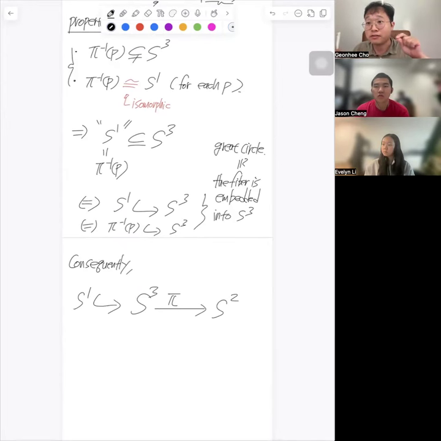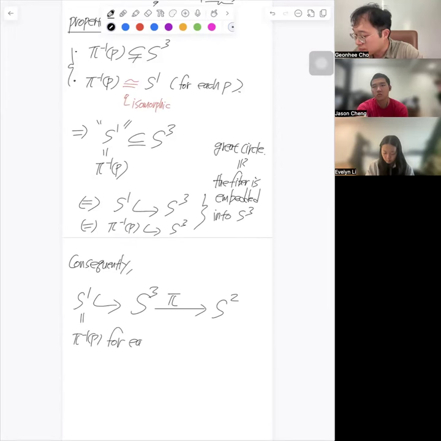You might see this on the Wikipedia page or anywhere else. This notation means that each fiber is a subset inside of S3. In reality, this is just pi inverse of P for each P, which we call the fiber.